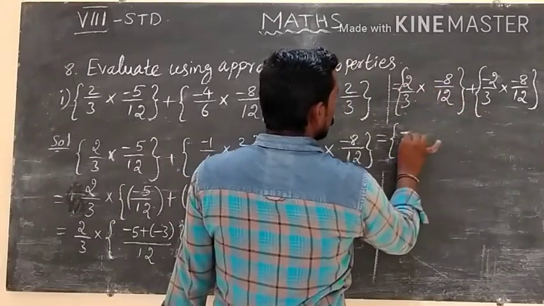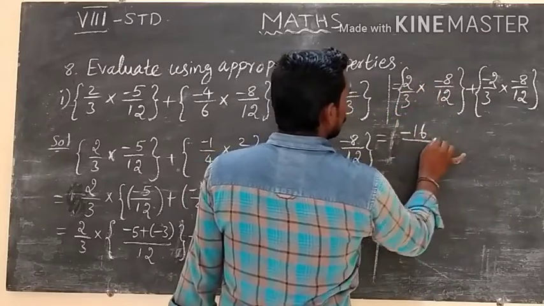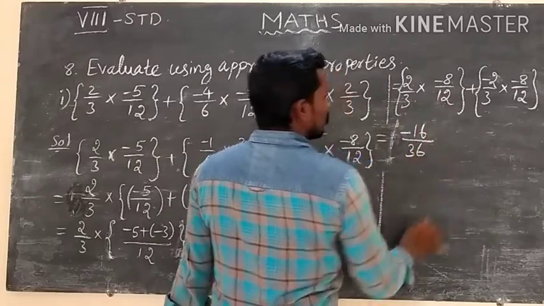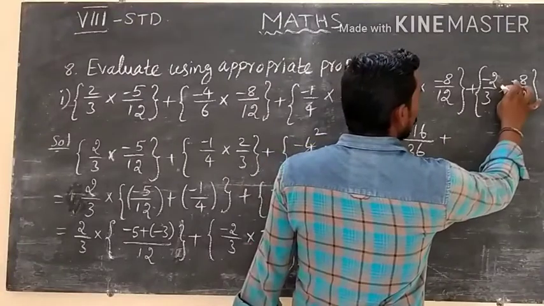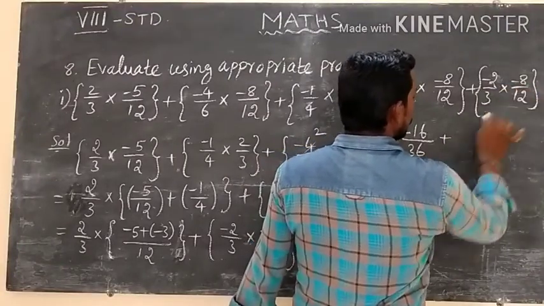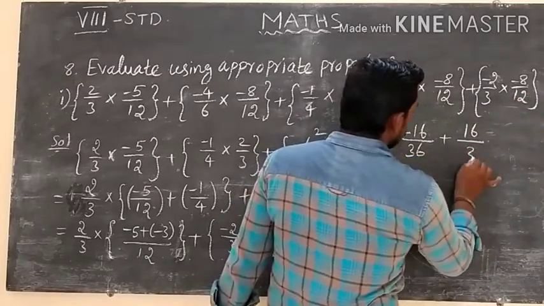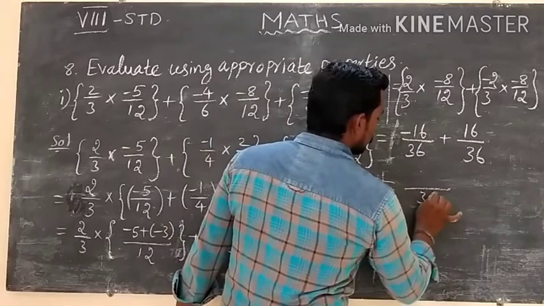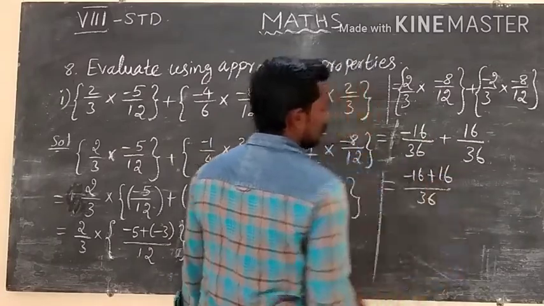Plus into minus is minus, 2 8s are 16, divided by plus into plus is plus, 3 12s are 36. Then plus, minus into minus is plus, 2 8s are 16, divided by 3 12s are 36. You get the 36. The numerators are minus 16 plus 16.